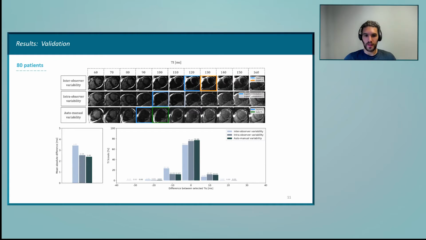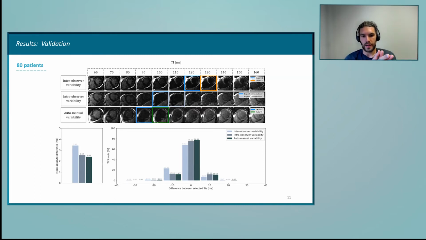Yes, you're right, and I think I mentioned that it matches the manual performance, but I haven't stated that it outperforms manual selection because we don't know the ground truth for sure. And as you mentioned, there was a bit of a methodological issue in how we compared with an expert.